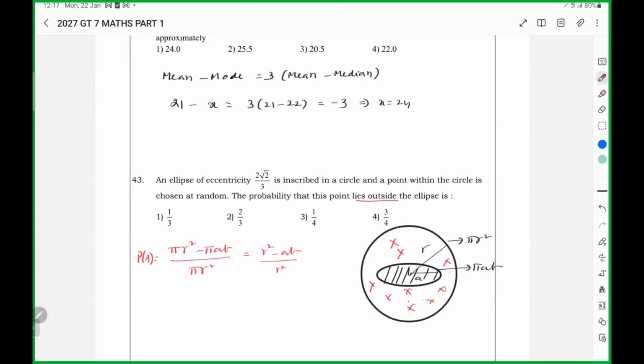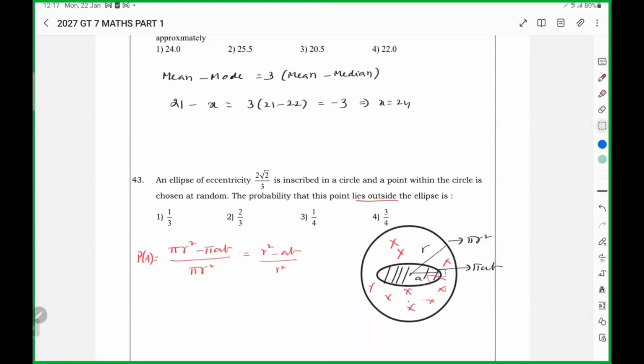Since it says inscribed, it just touches.